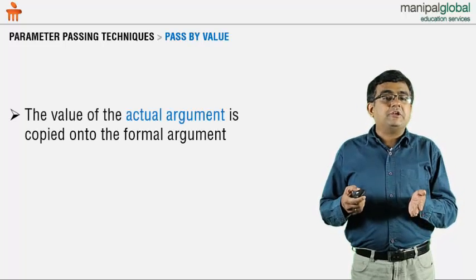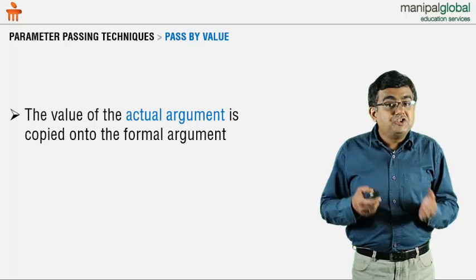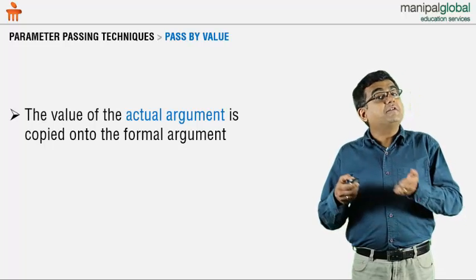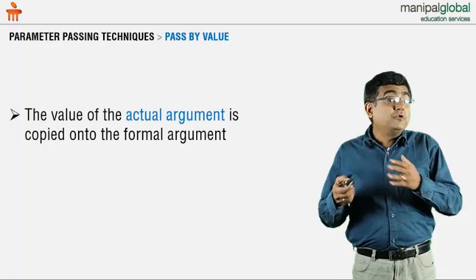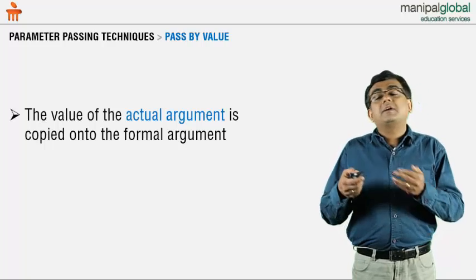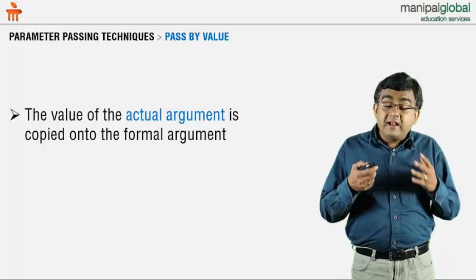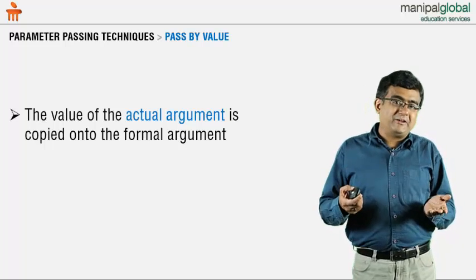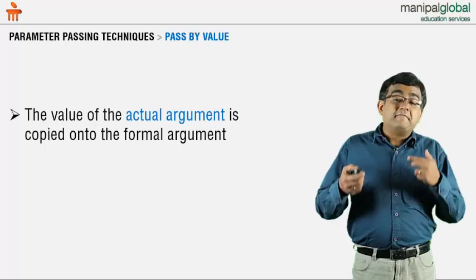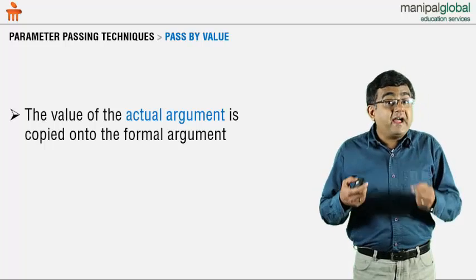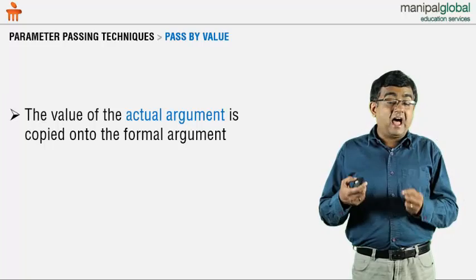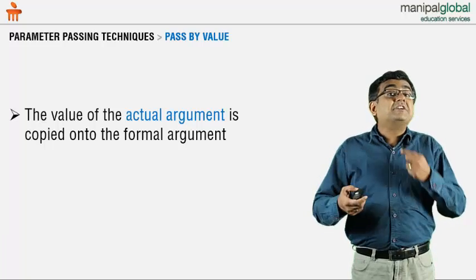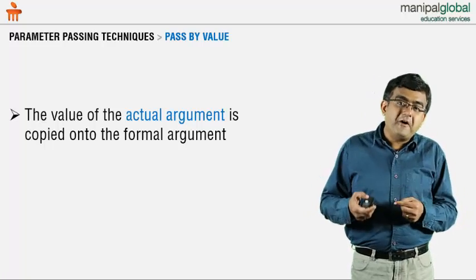In pass by value, the value of the actual argument is copied onto the formal argument. If you recall, when you make a function call, the arguments that you are passing are actual arguments. And the arguments that are declared as part of the function definition are called formal arguments.